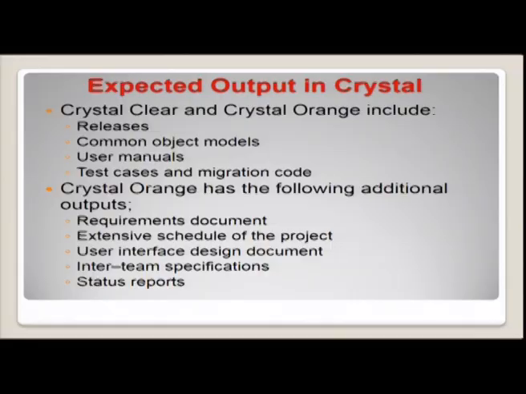That is for whatever work has been carried out under Crystal Clear and Crystal Orange. Then test cases are to be drafted, and whatever test case has been drafted has to be stored in the manual as a test manual. And the migration code, what do you mean by migration code? Say for example, take a legacy system, where people would have used code written in COBOL or Rexx, and those are called legacy code.